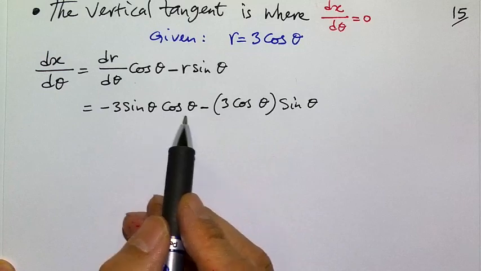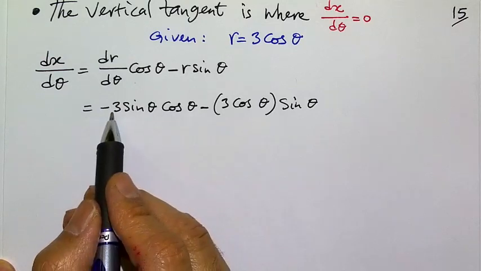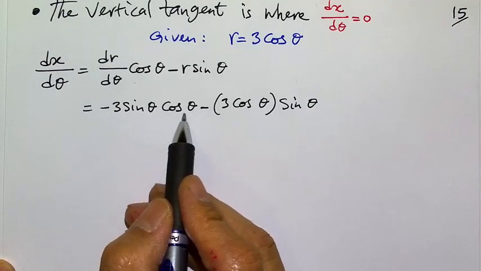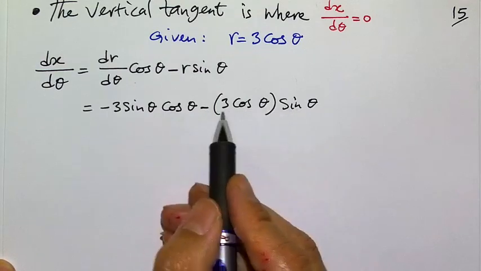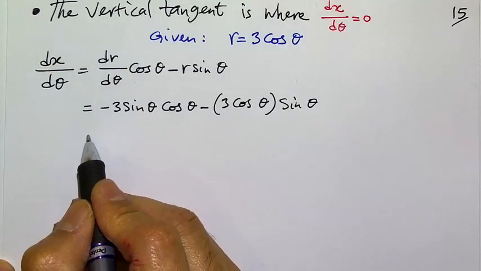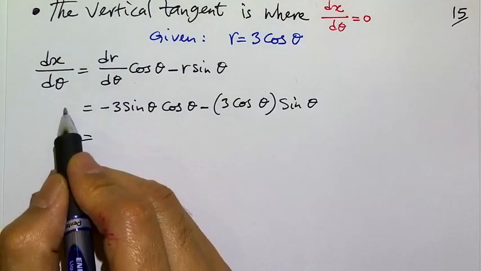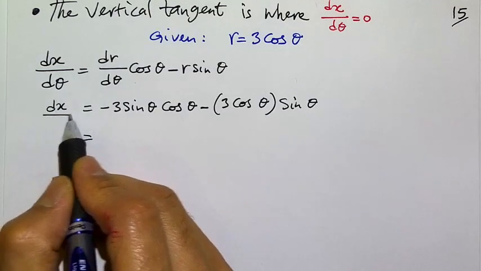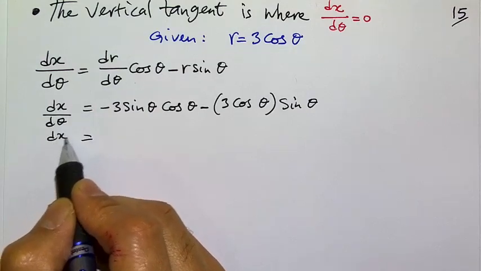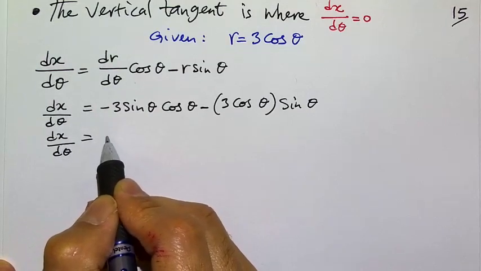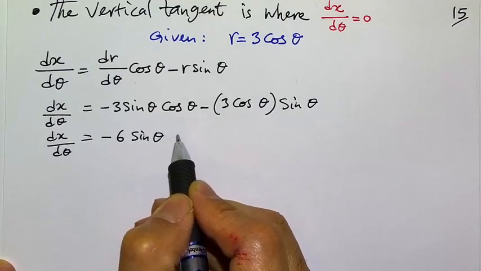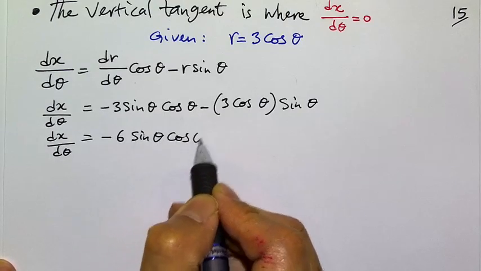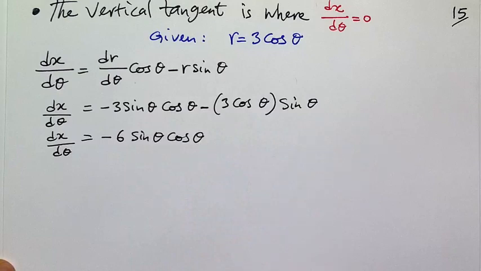What do we have? Oh, well, these are the same thing, right? Minus 3 times sine theta cosine theta minus 3 times cosine theta sine theta is the same thing. So what we have here is dx d theta is equal to minus 6 sine theta cosine theta, right?